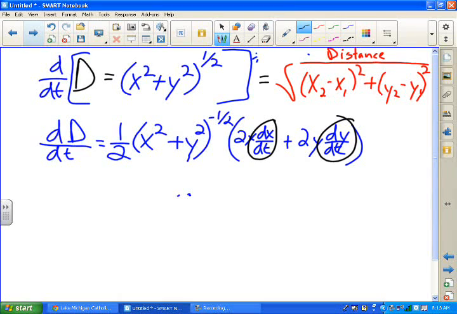Remember that dx/dt and dy/dt are the rates of change for x and for y. When we talk about derivatives, remember they're measuring the rate of change. So dd/dt is the rate of change of distance.